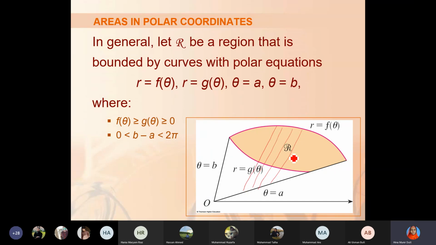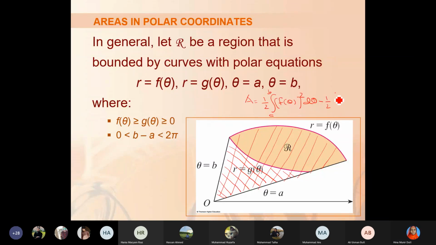If we find the area under the curve r is equal to f of theta, square it, and subtract the area under the curve r is equal to g of theta, then we will get this required region.